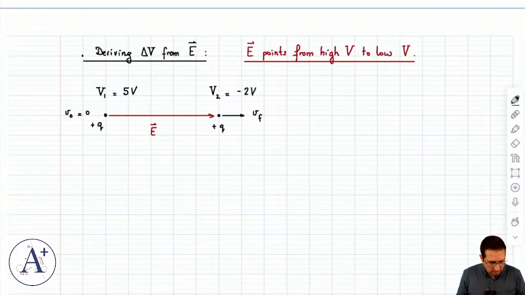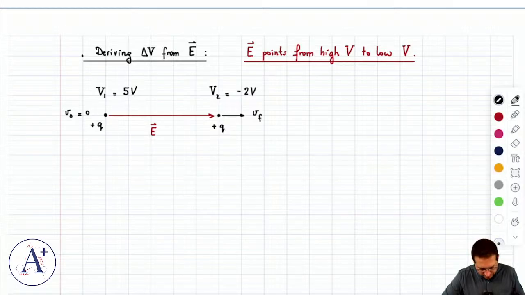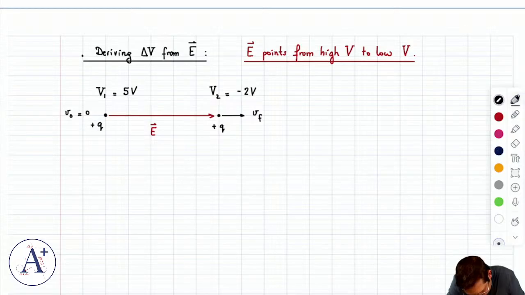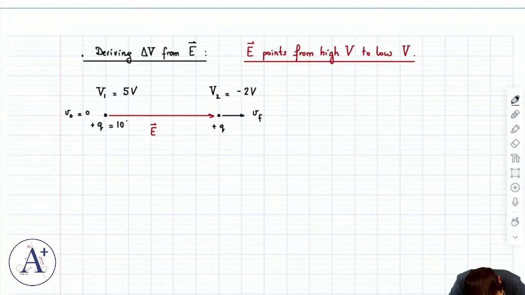With that said, let's do a quick calculation. Let's say Q is 10 to the minus 6 Coulomb.